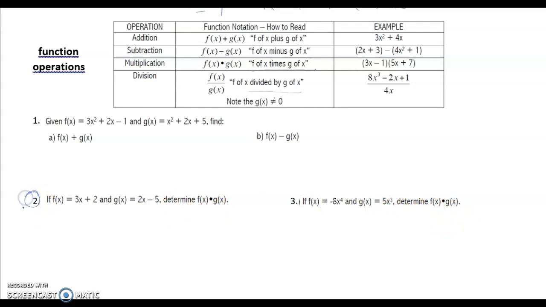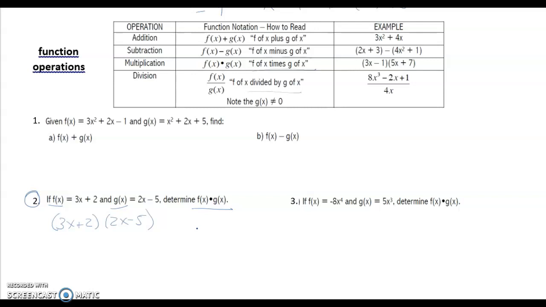I think this is the one you might need the most review with, so let's do this one. If you're going to multiply these functions, again, you can think of it as just substitution. We're going to take 3x plus 2, 2x minus 5. It seems like some of you have learned how to FOIL, some of you have learned how to double distribute.